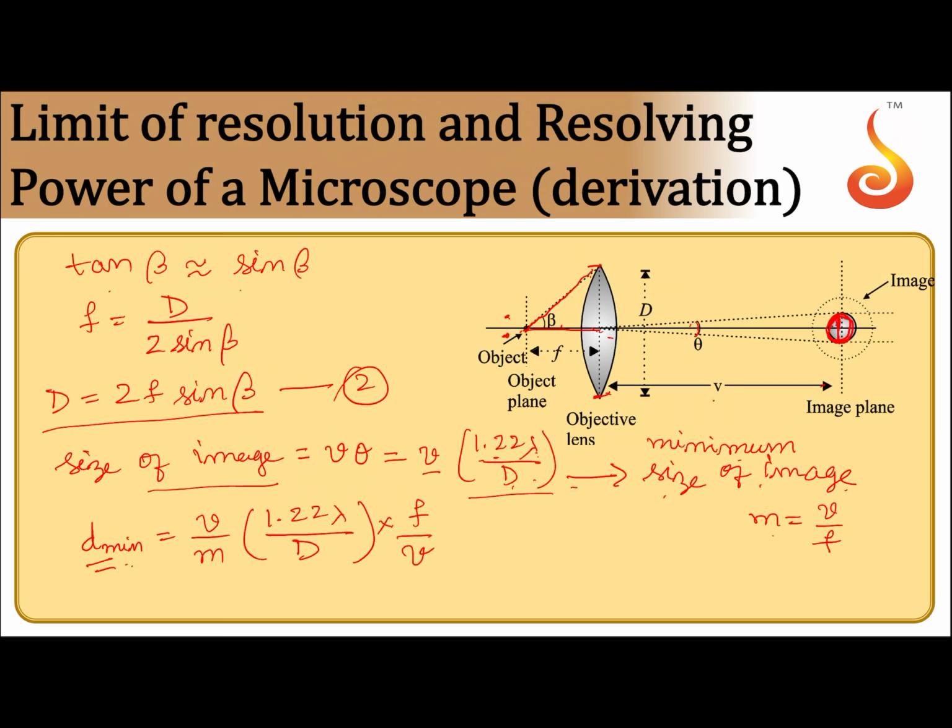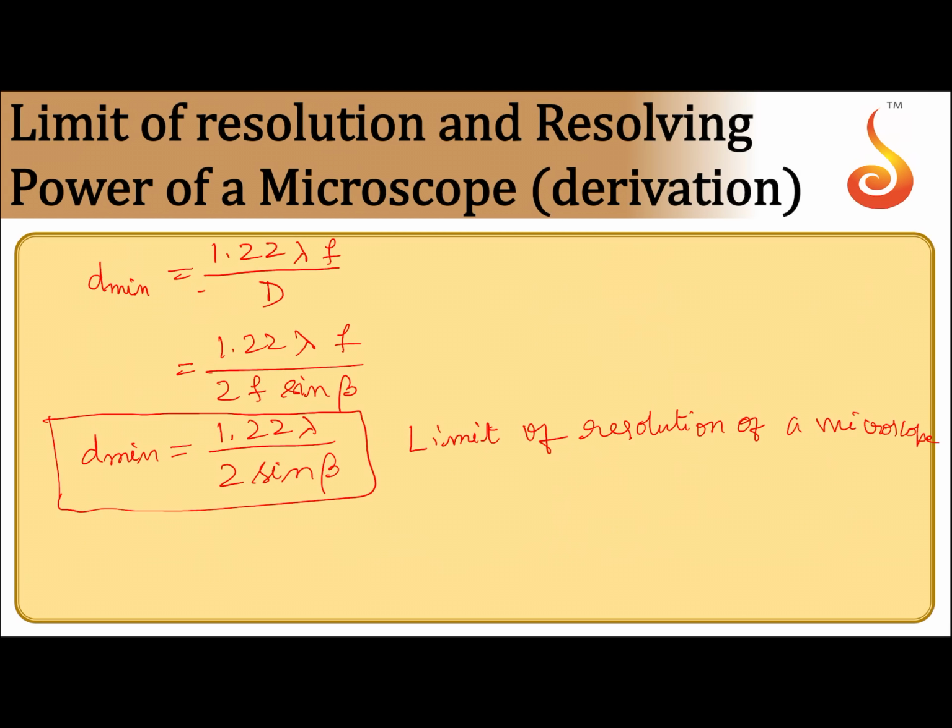So the size of the object should be equal to the size of the image, that is 1.22 lambda divided by d into V, divided by the magnification m. So I'll rewrite this step. Substitute for m is equal to V by F. So it will become V into 1.22 lambda divided by d into 1 by m, which is F by V. So d minimum you will get to be 1.22 lambda f divided by d.